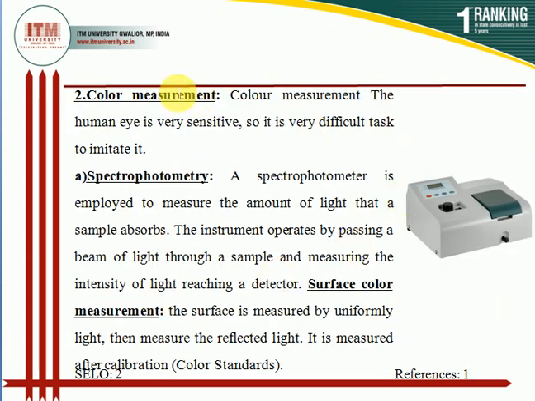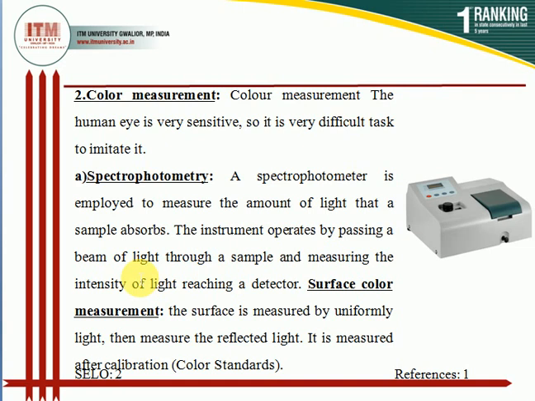Then moving to the next component, that is the colorimeter, color measurement. For color measurement, the human eye is very sensitive, so it is a very difficult task to imitate it, right? So spectrophotometry is colorimetry. We can measure the color with the help of spectrophotometry. A spectrophotometer is employed to measure the amount of light that a sample absorbs.